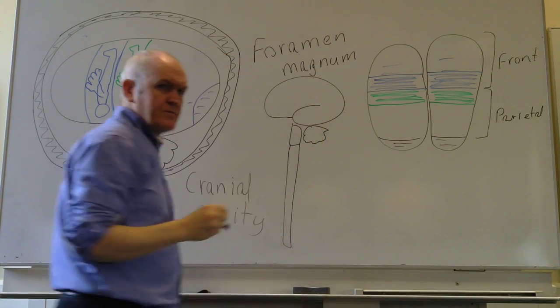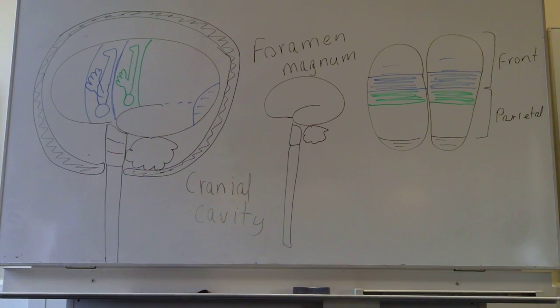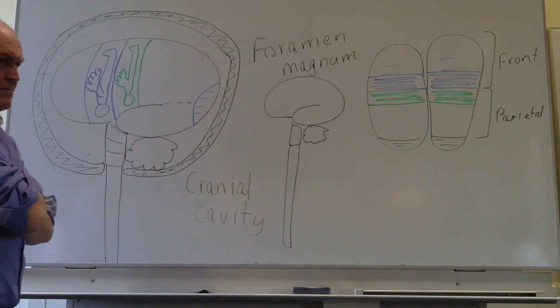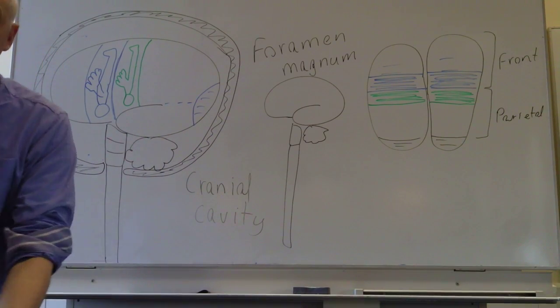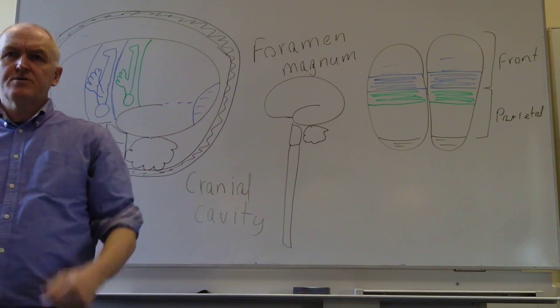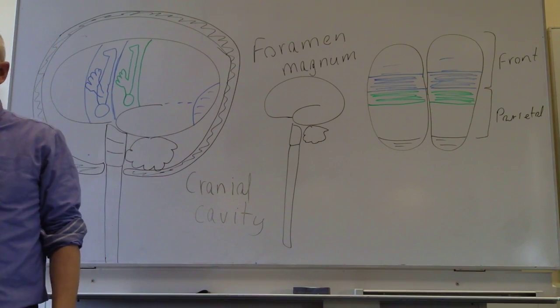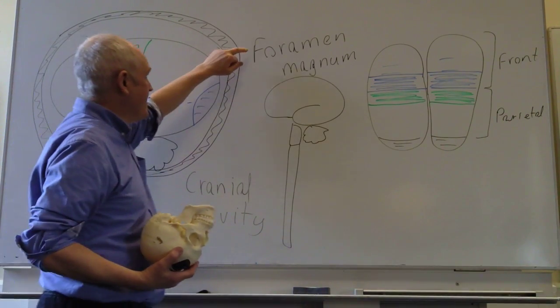And the big hole at the bottom is called the foramen magnum. Where's that? Sorry, John. The foramen magnum is the name of this big hole in the bottom of the cranial bones. So foramen means window.